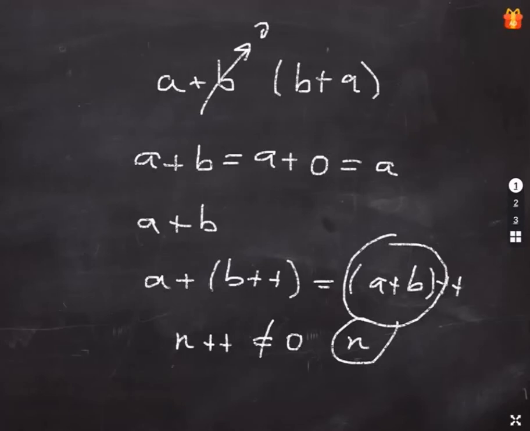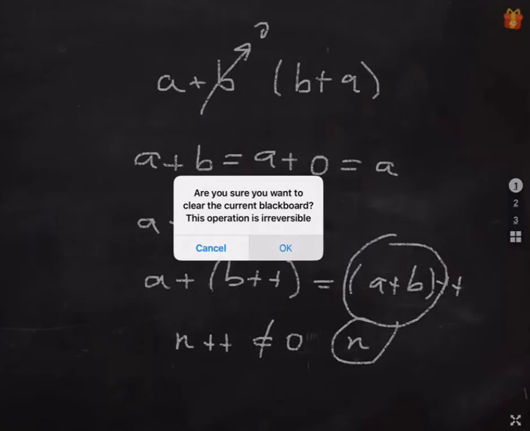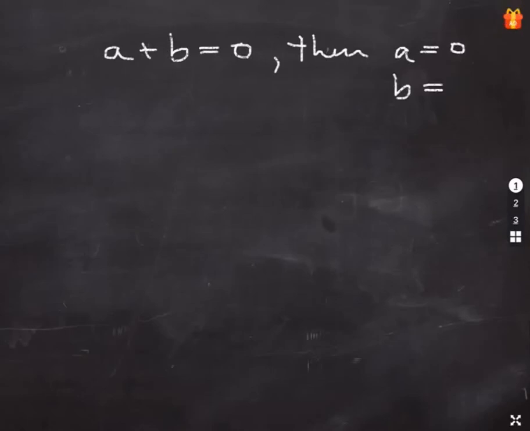A corollary of this is the following. If a and b are natural numbers such that a plus b equals 0, then a is 0 and b is 0. And you can prove this yourself by contradiction, by supposing that a is different than 0 or b is different than 0.